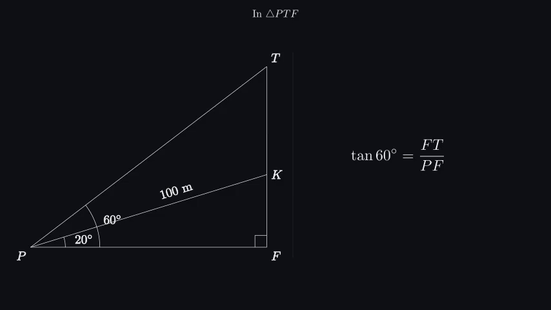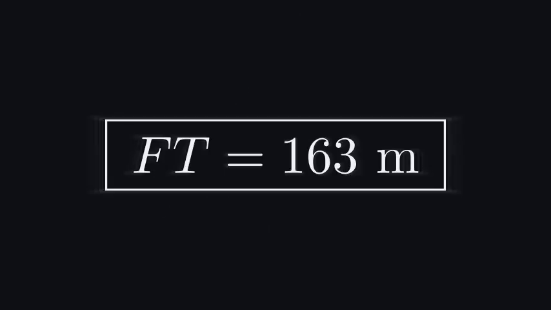Since tan of 60 degrees is 1.732, the height of the tower is 162.76 meters. Correct to three significant figures, the height of the tower is 163 meters. Therefore, the height of the tower is 163 meters.